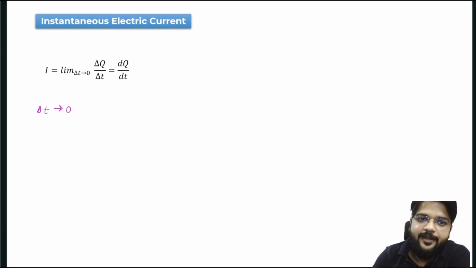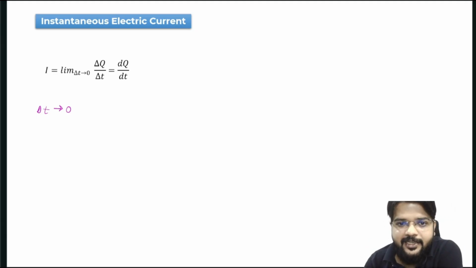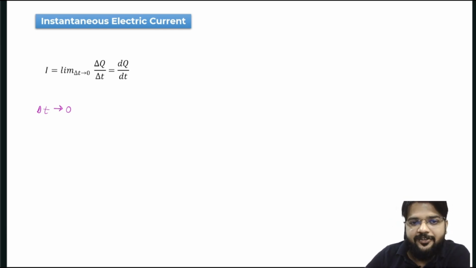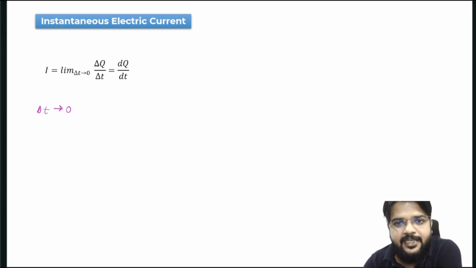So we are finding the flow of charge in a very, very small time, and the ratio of these two is the instantaneous electric current, dq by dt. Here d represents very, very small, and delta represents very large. So this is the basic difference between average and instantaneous electric current.